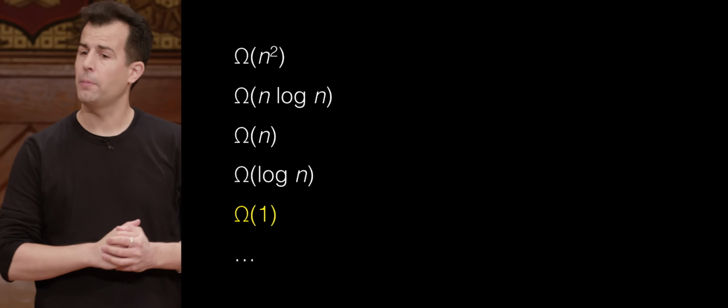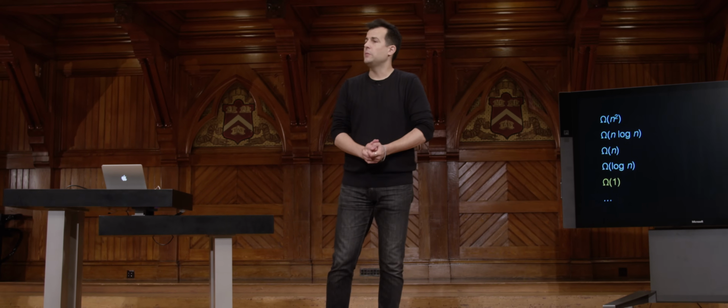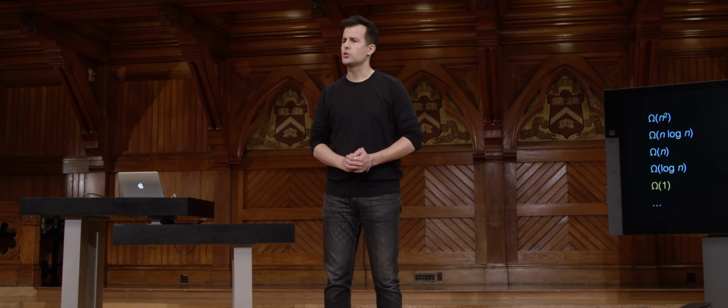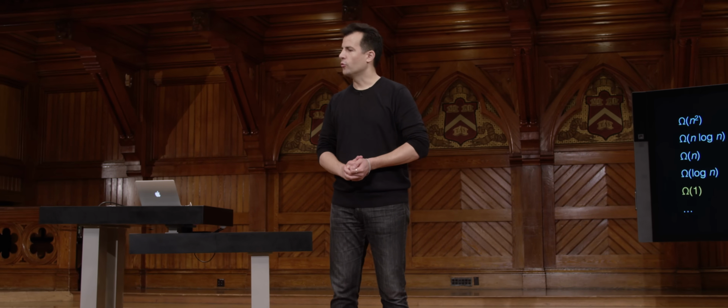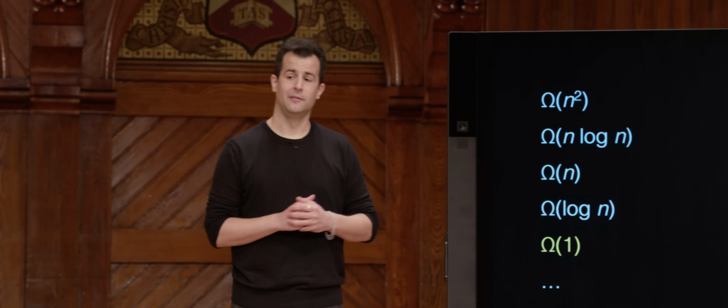omega of one step, for instance, in the best case, when might an algorithm need only one step? How about something like linear search or even binary search? The running time of those algorithms was big O of n and big O of log n respectively. Linear search, binary search. What's the lower bound on those two algorithms' running times?